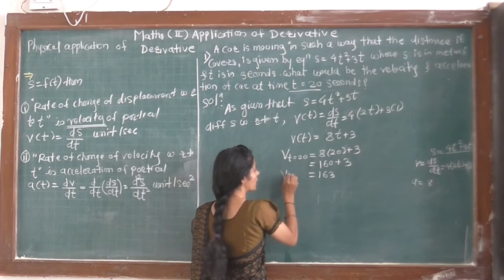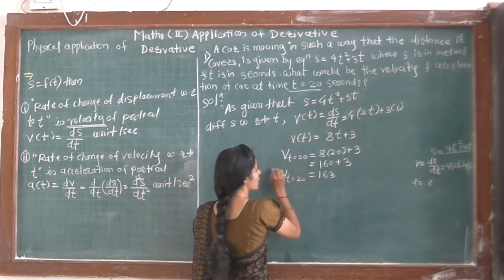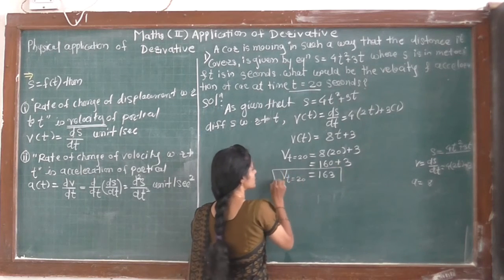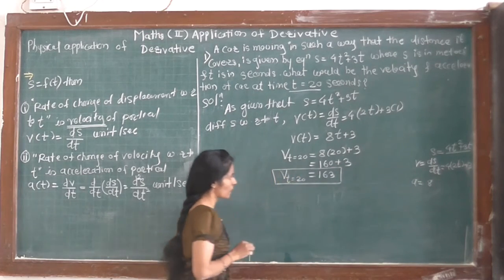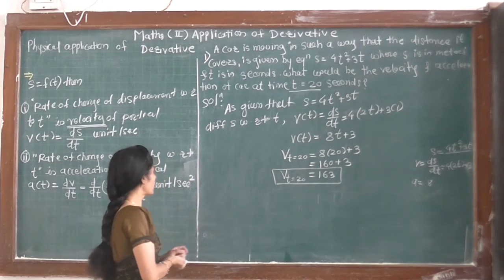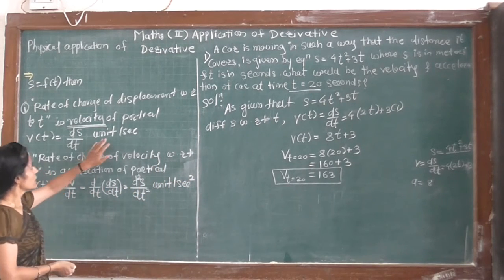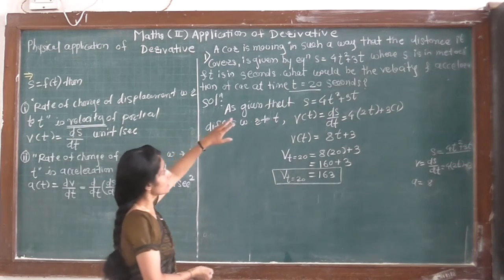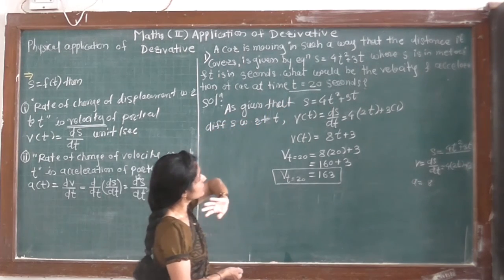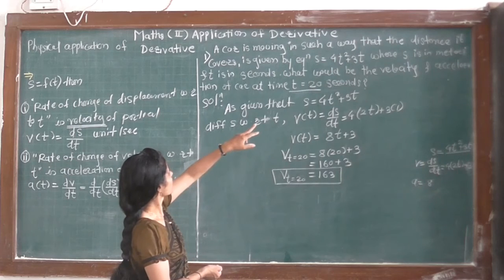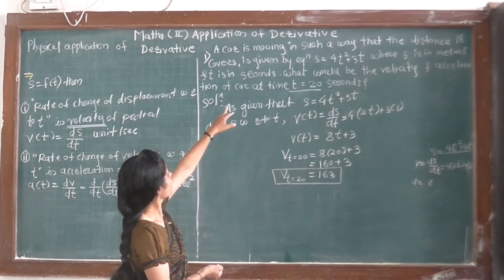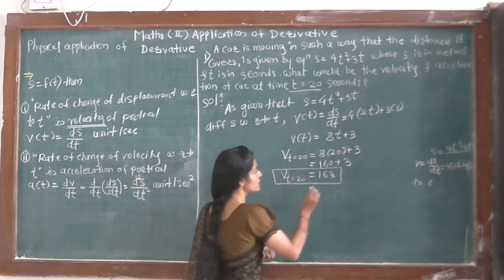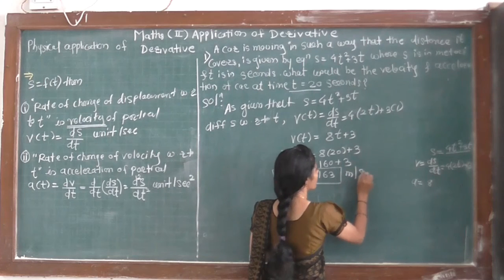Now we have to mention its unit. Since the unit of velocity is unit per second, and the given unit of distance is meter, and time is counted in seconds, its unit is meter per second.